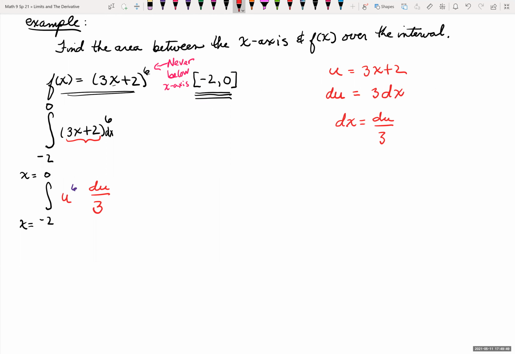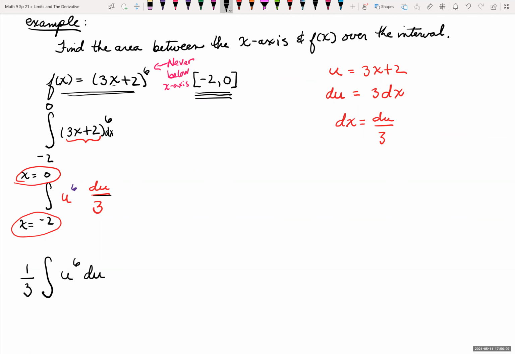So let's change these to u's. And notice that that 3 is in the denominator, so I can pull 1/3 out front: u to the 6 du.